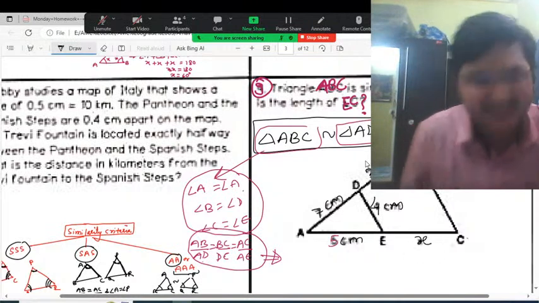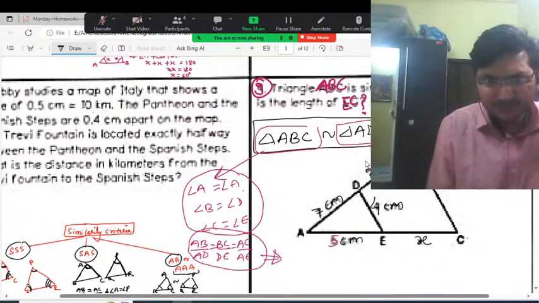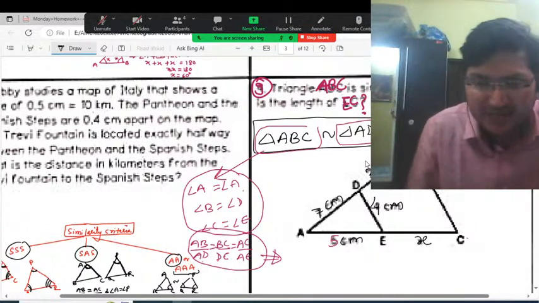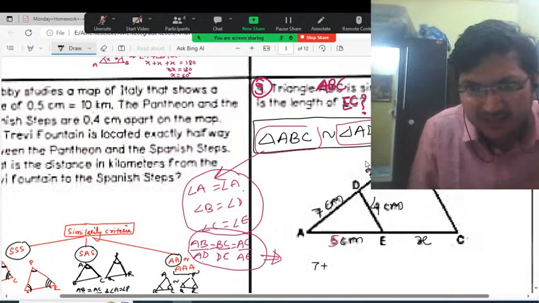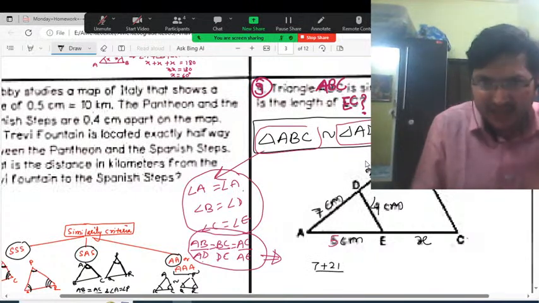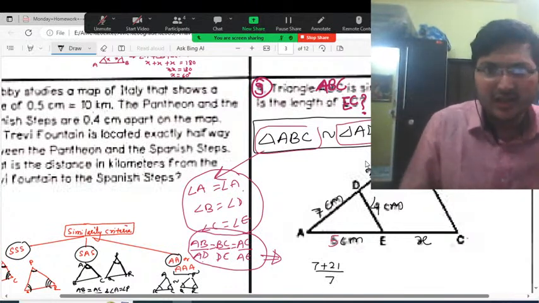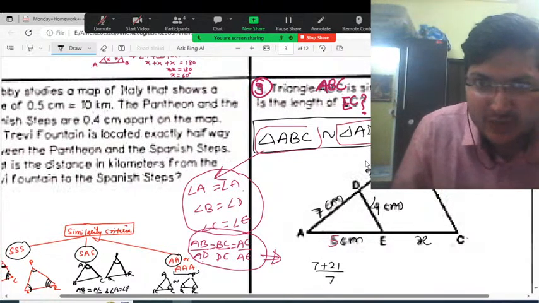Let's say it is X. Now you use the concept here. Your AB means 7 plus 21 over AD. AD is 7 over here. Because for ABC, I used AB over AD, then BC over DE.